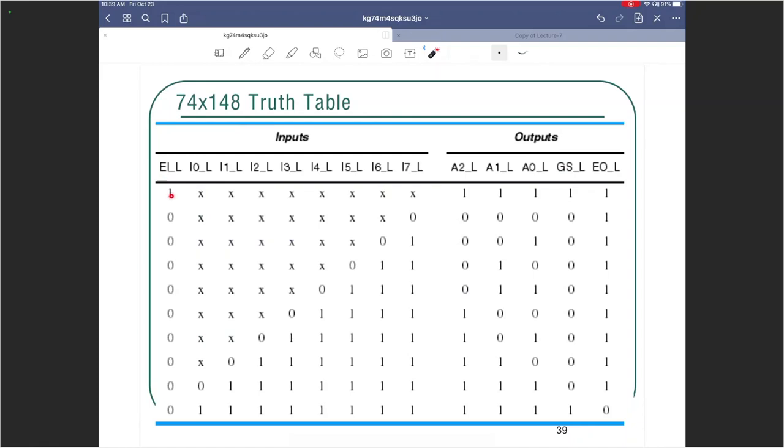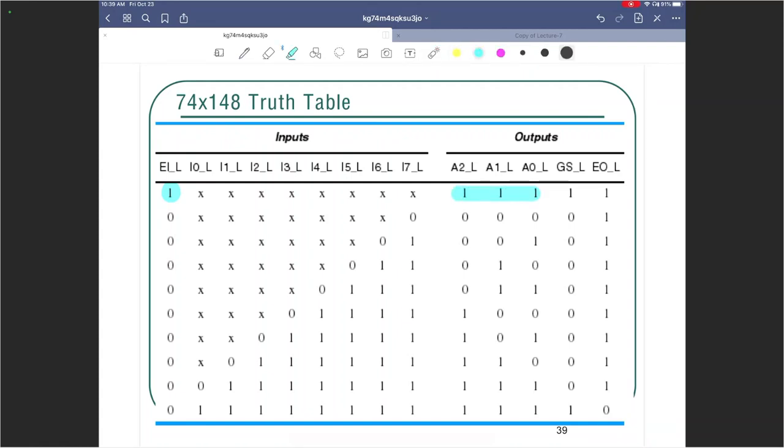So for the first case, the chip is disabled because EI underscore L is 1. So when it is disabled, the chip is disabled, no matter what you have for the inputs, XXXXX, all the outputs are going to be inactive, 111.